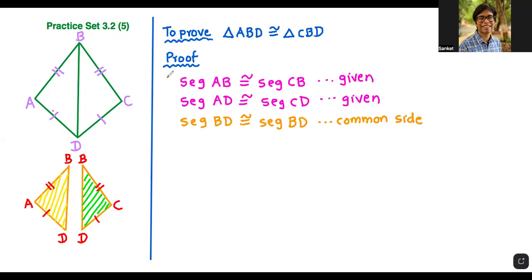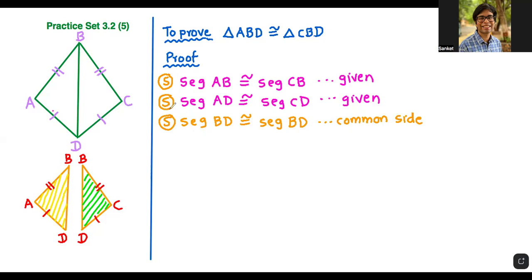So I have shown that one side of the first triangle is congruent to one side of the other triangle. I've shown another side is also congruent to another side of this triangle. And I've shown that the third side is also congruent to the third side of the second triangle.